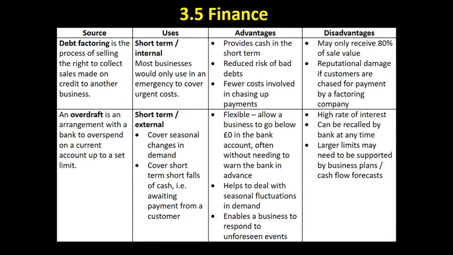So let's say you have £100 in your business bank account, you get a £200 gas bill, then an overdraft would allow you to pay that gas bill, and you go in debt to the bank. You owe the bank, your current account balance would read minus 100, and then you would need to pay that back to the bank.